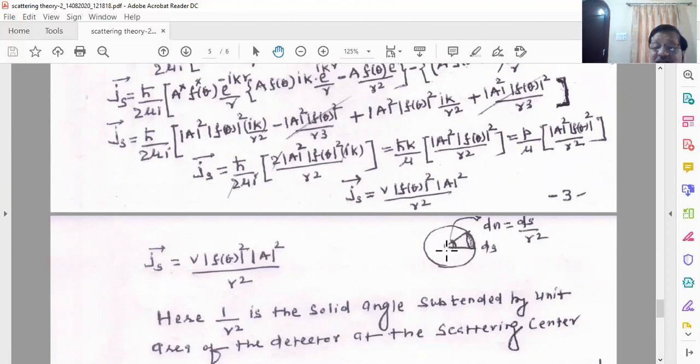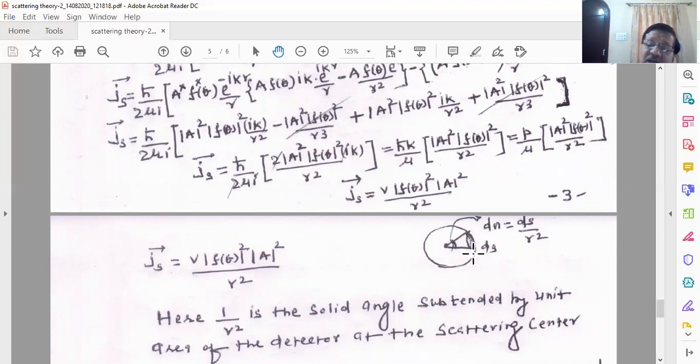This is the scatterer, and this is your area. This is what we want to study. We want to keep our detector at a very large distance r, where r is very large. Your detector is subtending some angle at the scatterer. So this is the area of the detector, and this detector is subtending angle omega, or d omega, at the origin.